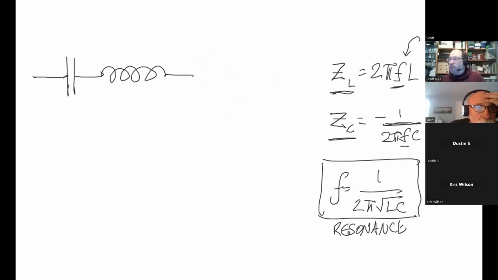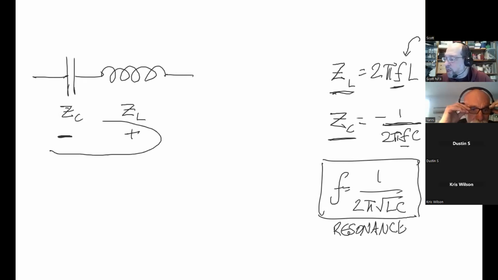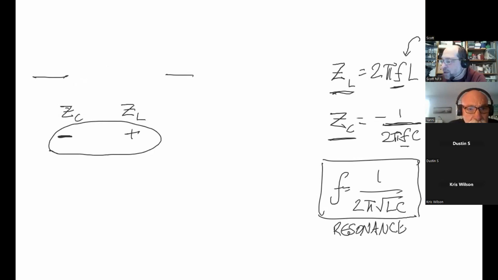At the point where these cancel each other out, we have ZC is equal to ZL, except that this one is negative and this one is positive. So at that particular point, these are equal. And what is minus and plus when you add them together? 0. And what happens when you get a 0? What does it make these things do? Looks like a short circuit.